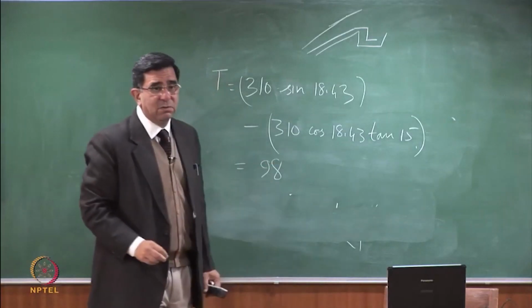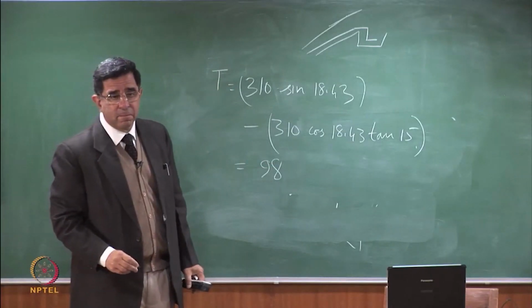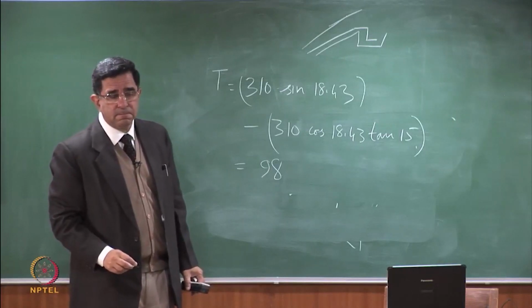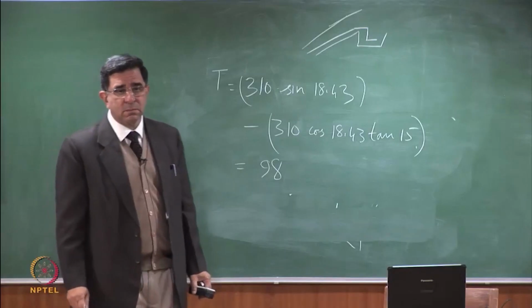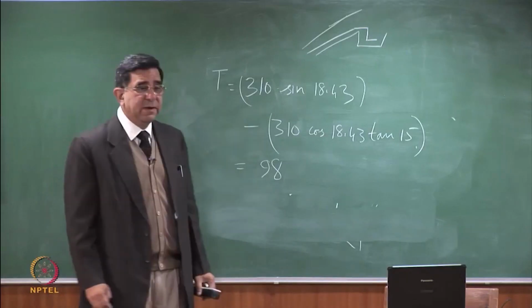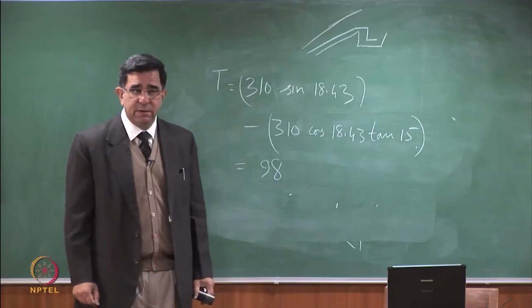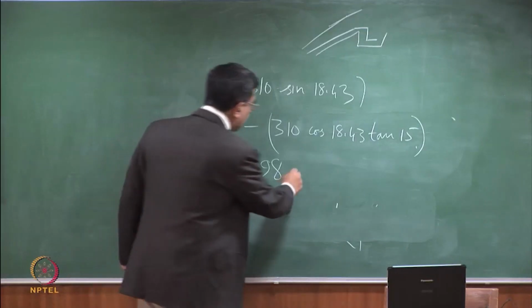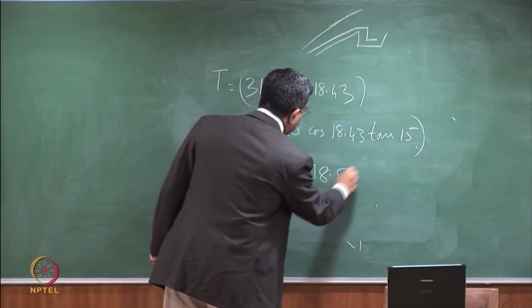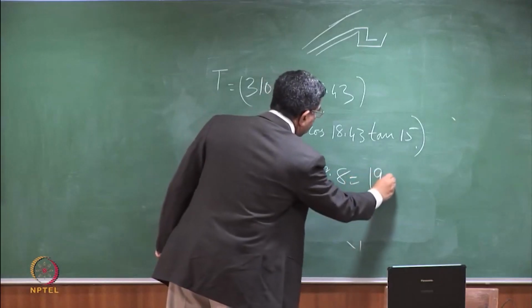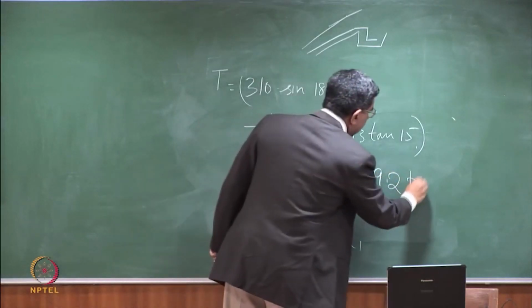And what is the second value? 310 into cos 18.43 into tan 15 is 78.8, which makes T 19.2 kilonewton per meter.